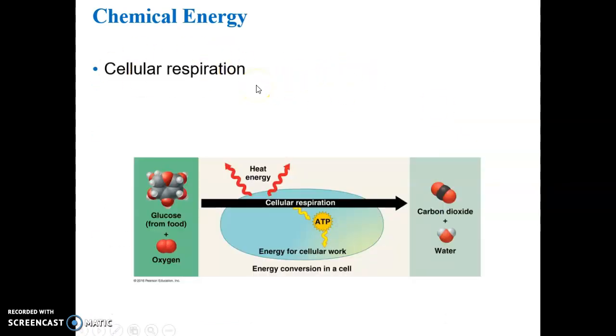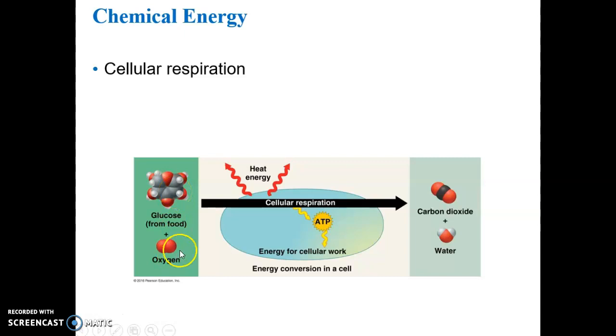So cellular respiration occurs at the mitochondria. It's not labeled here, but make believe this blue circle is a mitochondrion within your cells, and that's where the breakdown of glucose occurs to release the energy in the chemical bonds of the atoms of glucose.